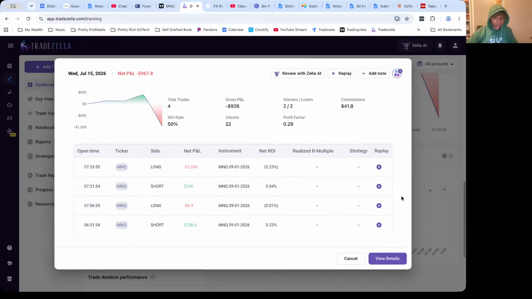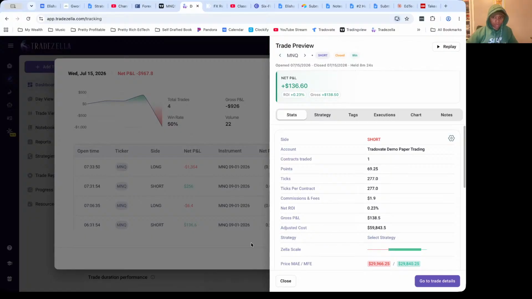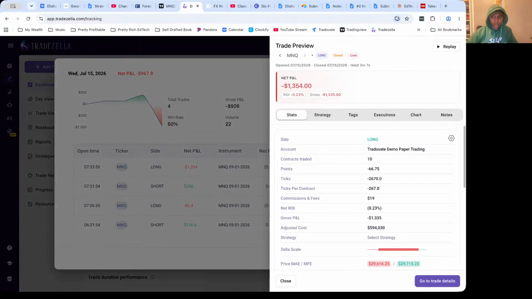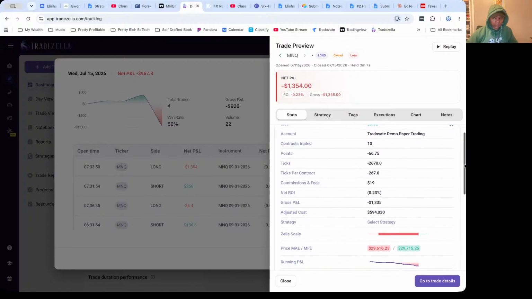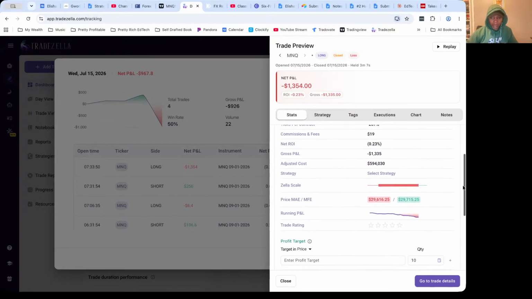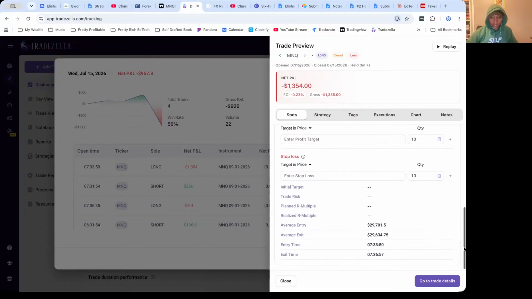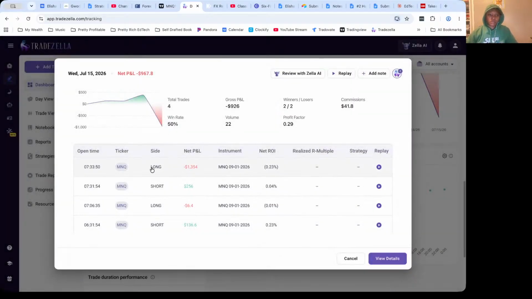Wow. Look at this trade. Golly. This is bad. Bro, I lost $1,354 in 3 to 4 minutes. Whew. Alright, so let's do a screenshot.